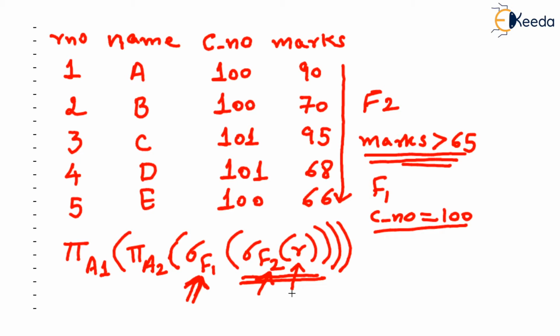You know that due to the inner bracket, all tuples were selected because marks are greater than 65 everywhere. But then what is this outer condition going to do? From the inner tuples, it's going to give only the first row because course number is 100, correct? The second row because course number is 100, and the third row because course number is 100.